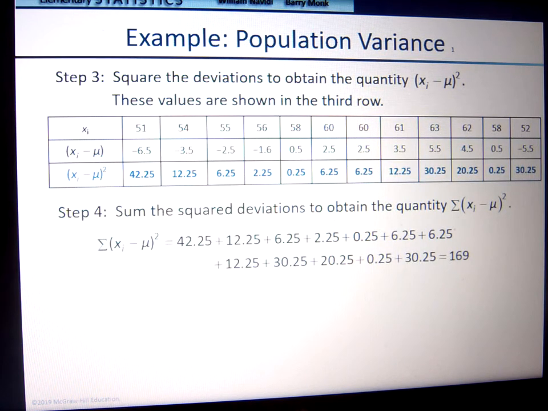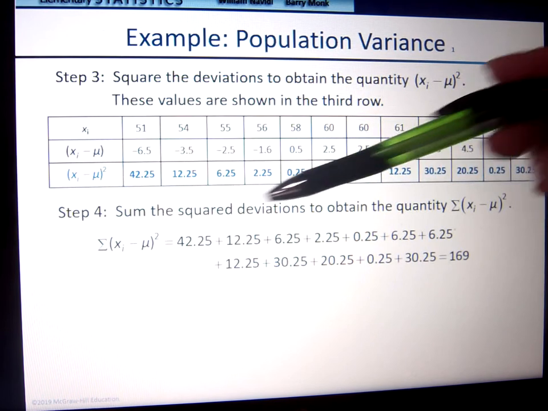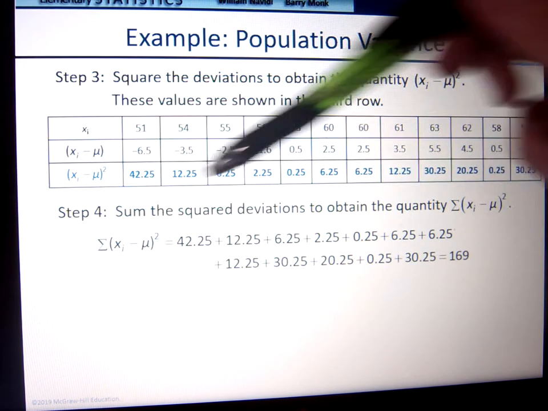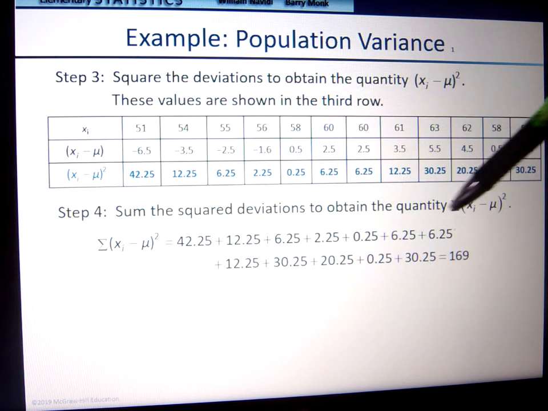Now we take the sum of those squared deviations to obtain 169. So we add all of these together to get 169.